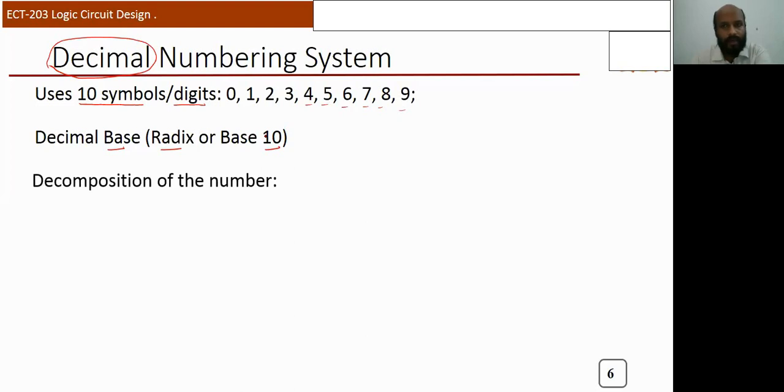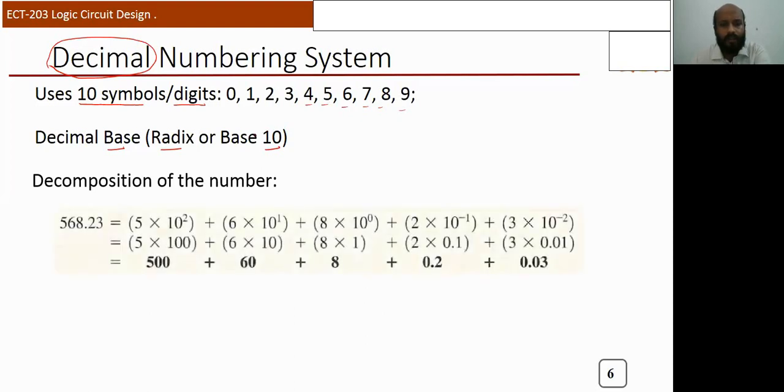And again, I will go to the very basic thing. There is a number, okay, 568.23. In lower classes you studied this concept. I can represent this number like this. Each position has some weight. So this is the ones place, and we'll call the next ones tens and hundreds.